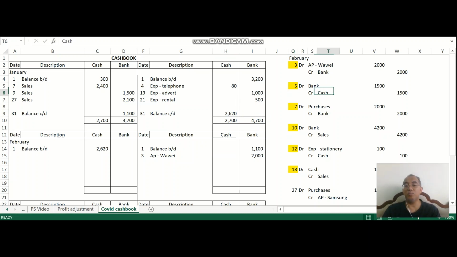On the 5th, debit bank, credit cash. We have both bank and cash, so we settle one by one. We go to the bank first, but at the debit side. So this is the debit side, bank first. So I put here 1005, and I put here cash. It's the opposite.